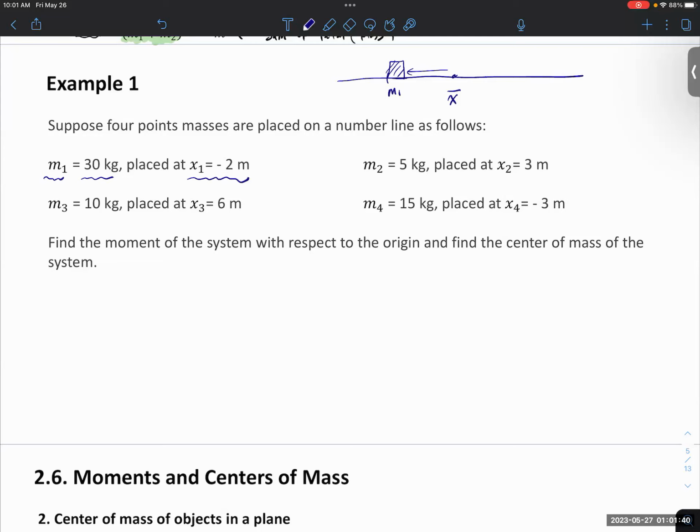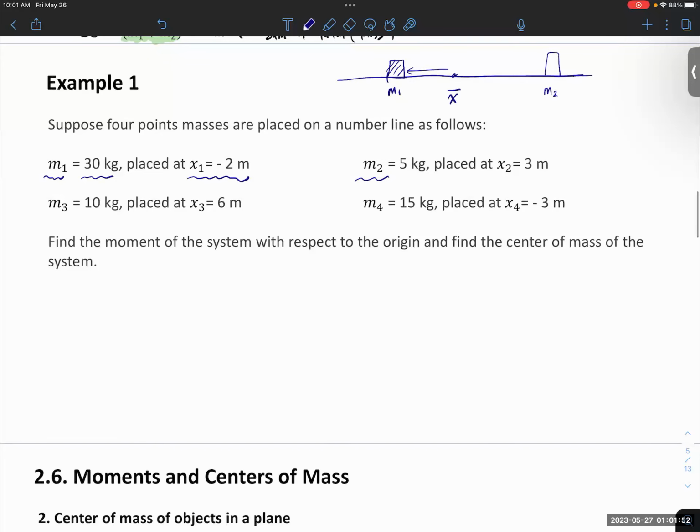And then I have M2, 5 kilograms, much lighter, and it's 3 meters away from the balancing point to the right side. And you have another one, M3, 10 kilograms and 6 meters away from the balancing point to the right. And the last one, 15 kilograms, is pretty heavy, and it's to the left side, 3 units away from the balancing point.